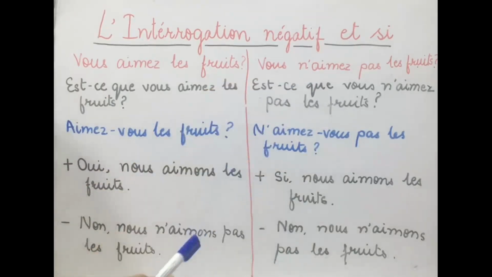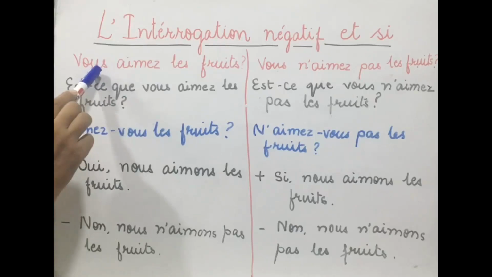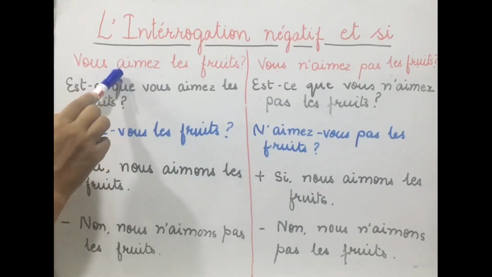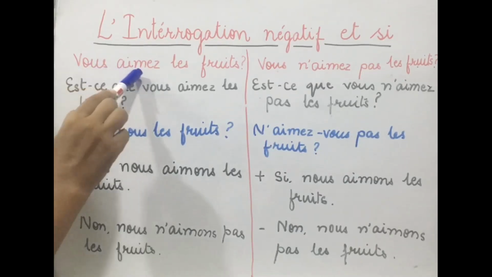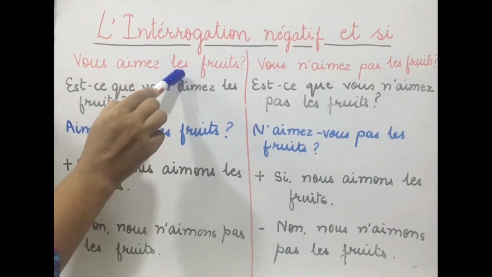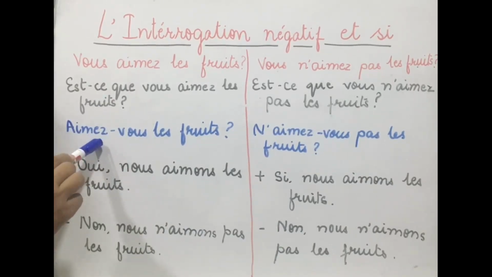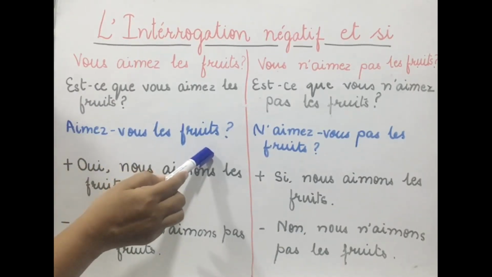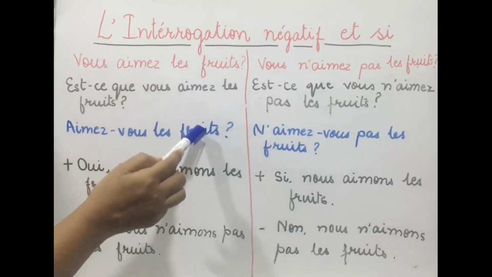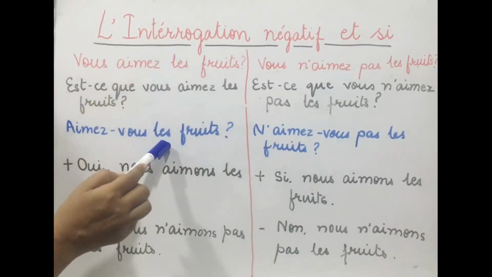So as told in the previous lesson and today's lesson also, the positive question, the first form is "Vous aimez les fruits," the intonation form, and the second is "Est-ce que vous aimez les fruits," and the inversion form is "Aimez-vous les fruits."